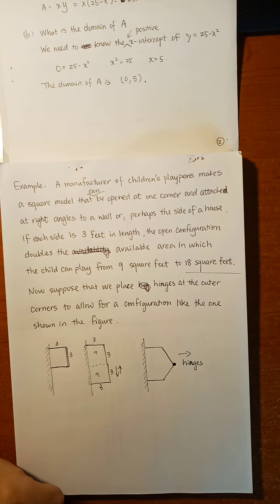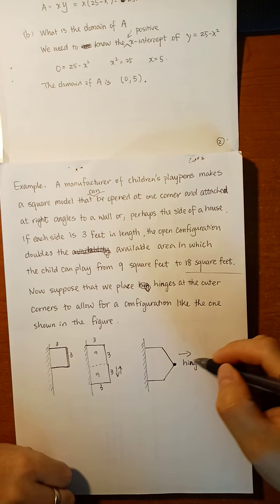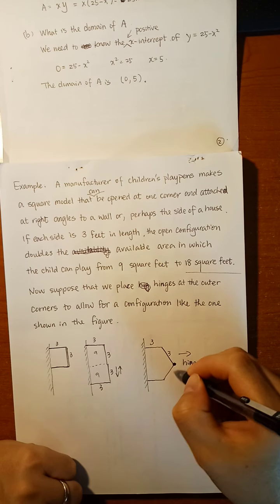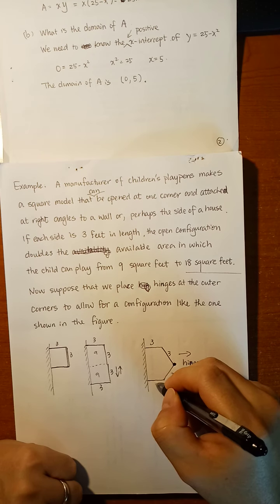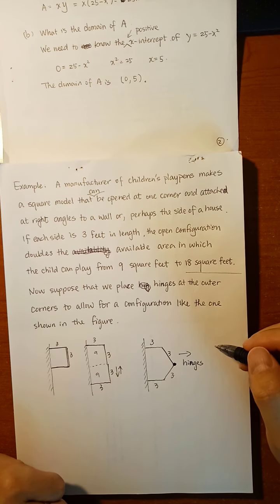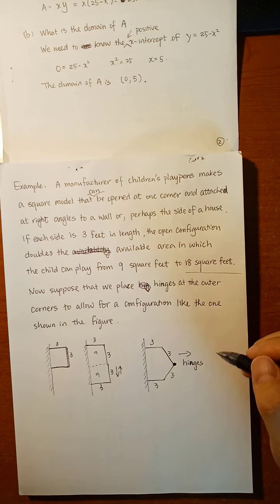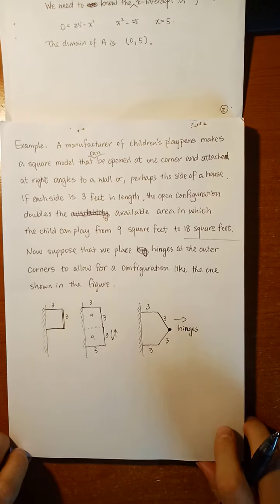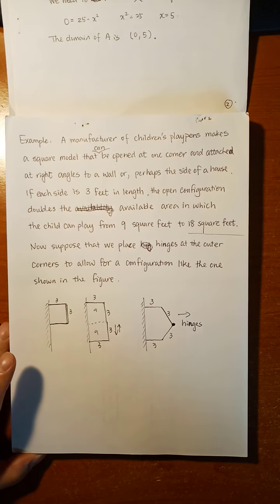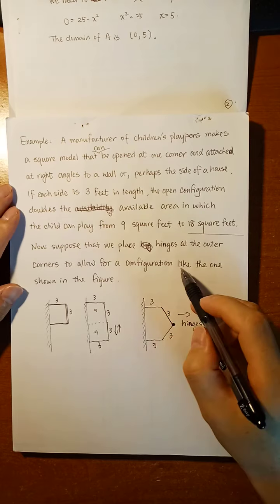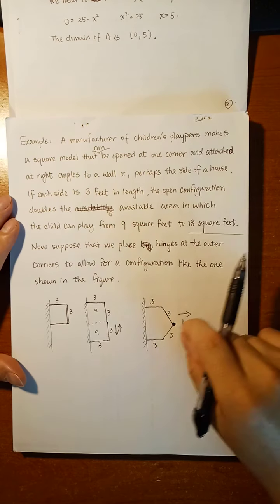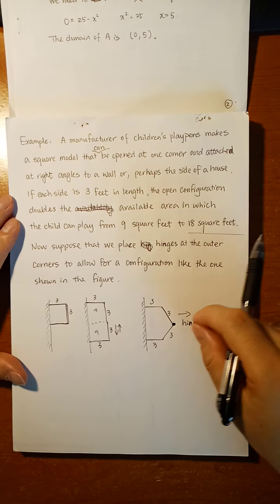Okay, so when we pull this direction, here is still 3. This is a 3. This is a 3. This is a 3. Right? That is our current situation. You can make it like you can open the door.